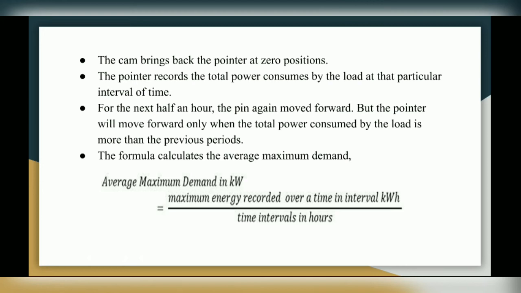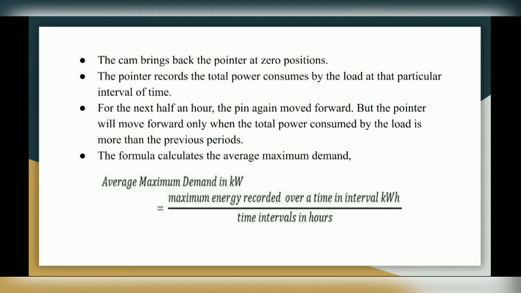The pointer records the total power consumed by the load at that particular interval of time. For the next half an hour, the pin again moves forward, but the pointer will move forward only when the total power consumed by the load is more than the previous periods.